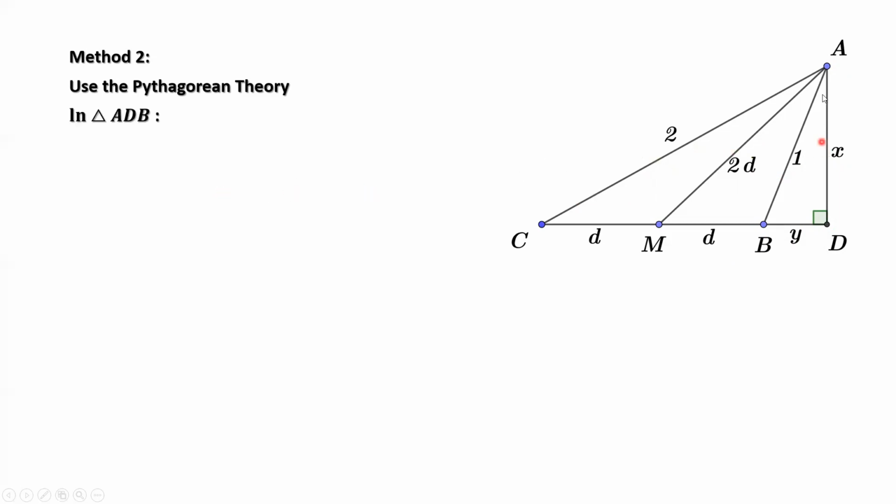In this triangle, ADB, x squared plus y squared equals 1. Now consider the right triangle ADM.